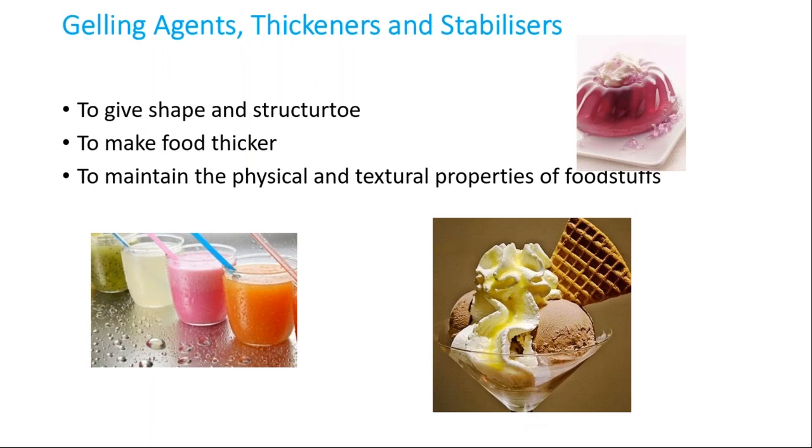Then we have the gelling agents. These are thickeners and stabilizers, which are generally used to give shape and structure to the food, or to make the food thicker, especially gelatin, jello, and in ice creams.